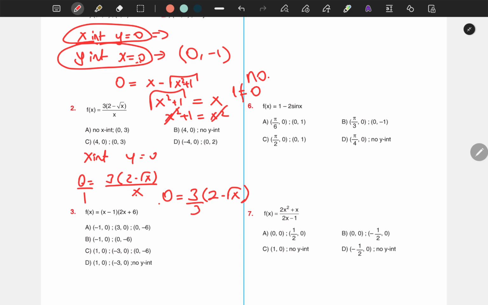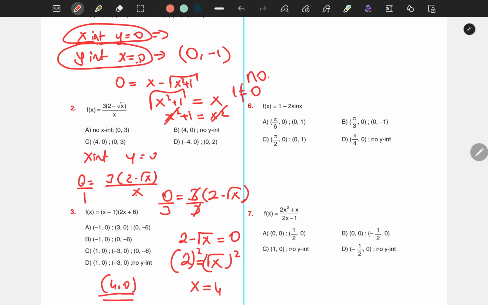Both sides divided by 3, the 3 cancels. 2 minus root x equals what? 0. Move to the other side. Now, can I take the second power? x equals what? 4. You see, my x intercept is 4 and 0.